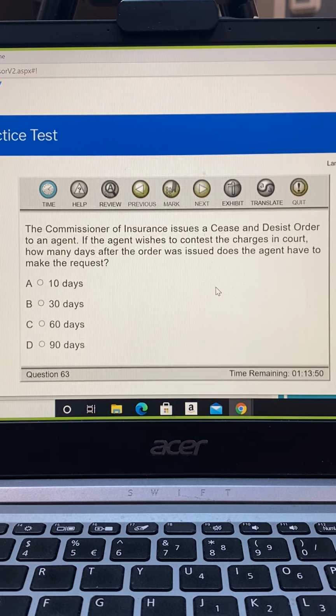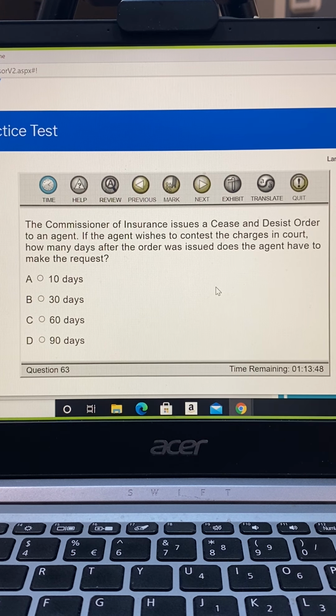The Commissioner of Insurance issues a cease and desist order to an agent. If the agent wishes to contest the charges in court, how many days after the order was issued does the agent have to make the request? 10 days? Maybe 30 days.